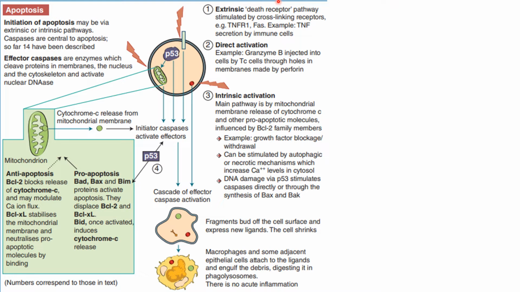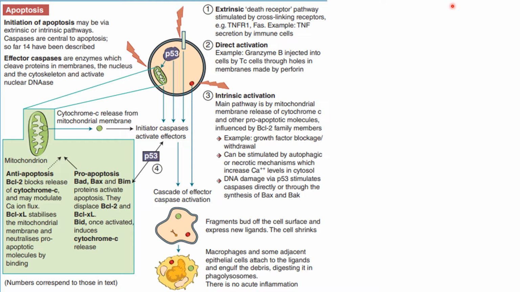Let's look at the initiation of apoptosis, which includes the extrinsic factor and intrinsic activation. Extrinsic factors include the death receptor pathway stimulated by cross-linking receptors, for example, TNF secretion by immune cells. Direct activation, for example, granzyme B injected into cells by T helper cells through holes in the membrane made by perforin.